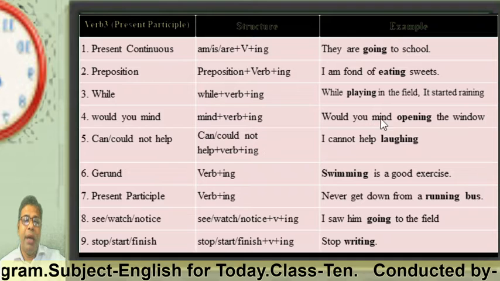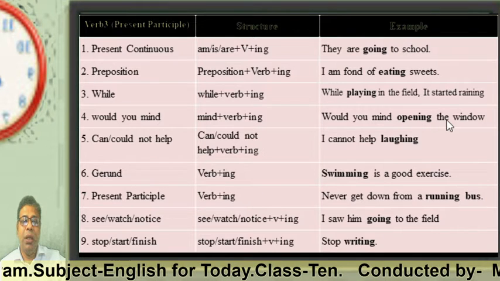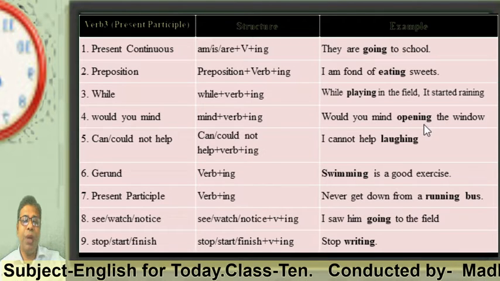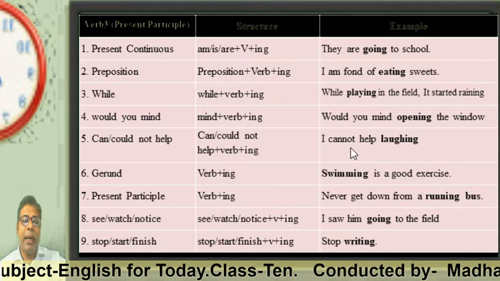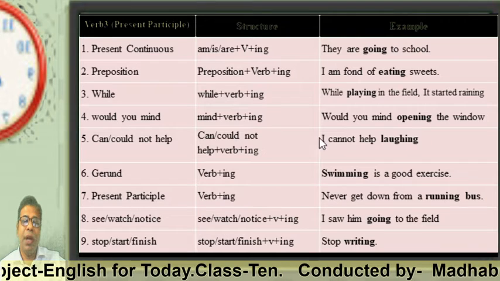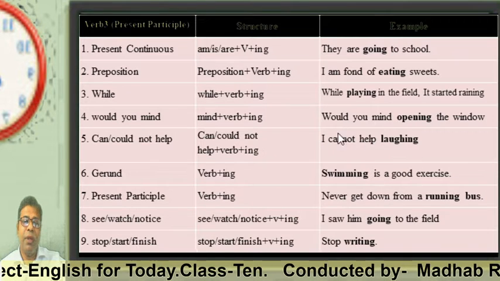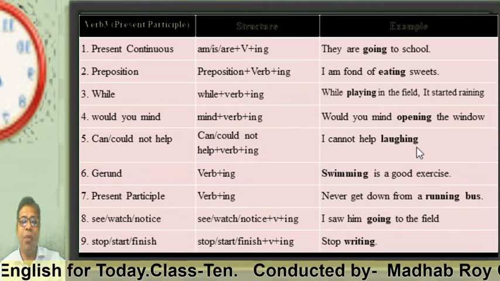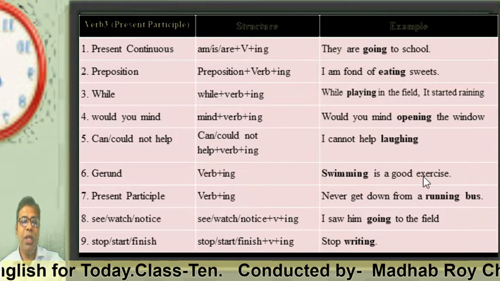Then would you mind? Would you mind opening the window? After would you mind, you need to use ing. I cannot help laughing. Cannot help. Couldn't help. Then you have to use ing form. Swimming is a good exercise.